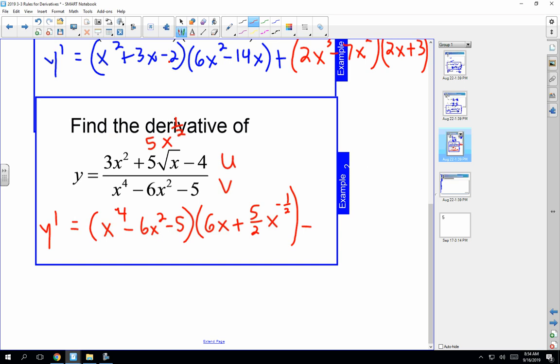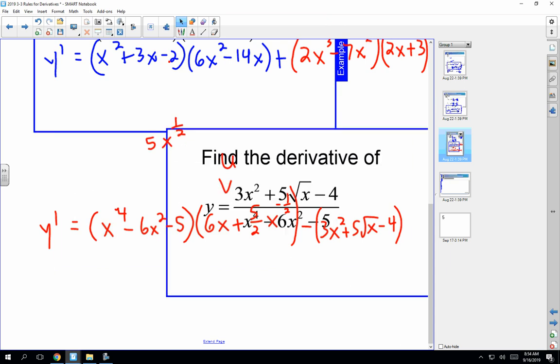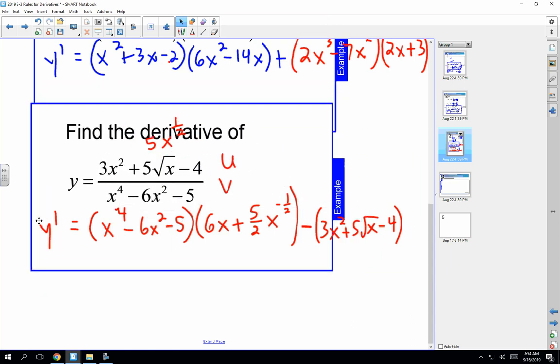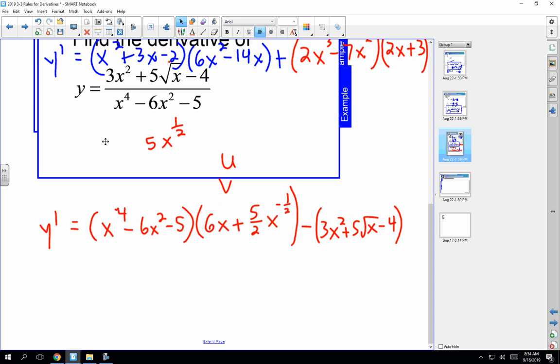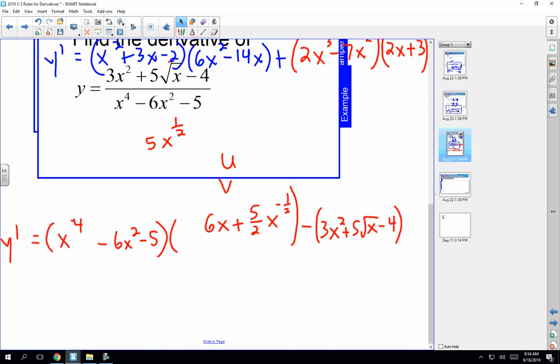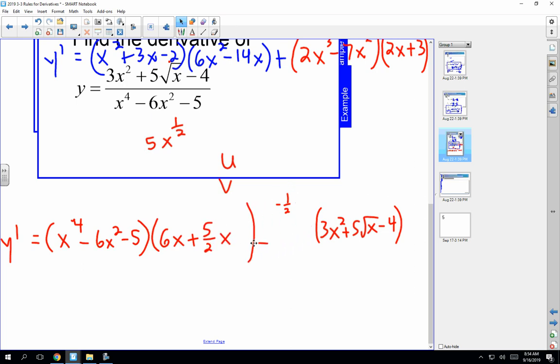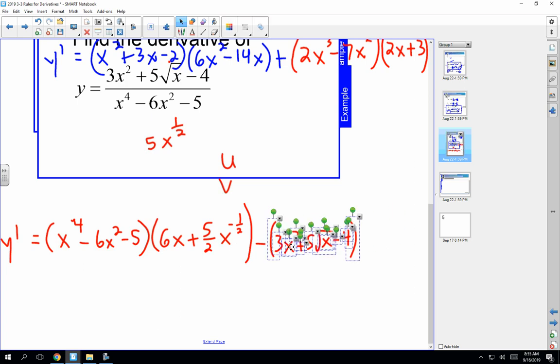And we're just going to copy down u, which is 3x to the second, plus 5 root x, minus 4, and then multiply it by all this. Move it one piece at a time.